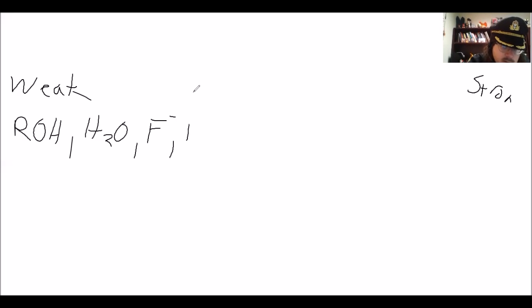Another one, carboxylic acid. Those can be nucleophiles. All those are weak, and then we start to get, okay, there's Cl minus and carboxylates.